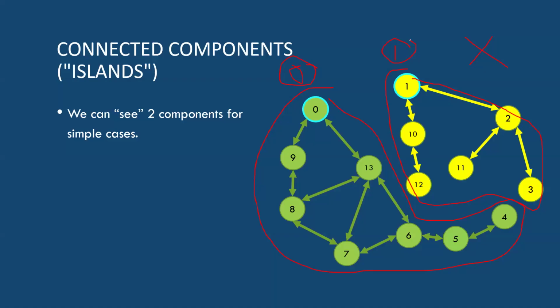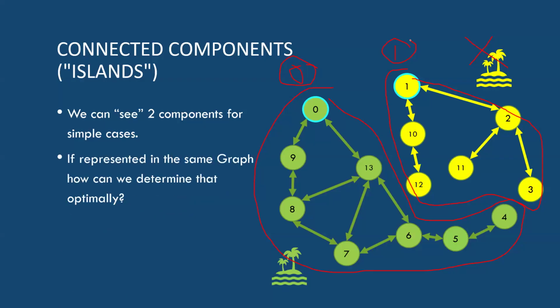All those story problems in homework 6 are just different ways of asking you questions about connected components. What we want to learn in this class is how to recognize the tools that we have to answer that question. So for homework 6, the easy answer is connected components. Yes, we can answer those questions with connected components; you just have to do a little bit of extra work around the edges. So these are our islands of connectivity, and they're in the same graph.